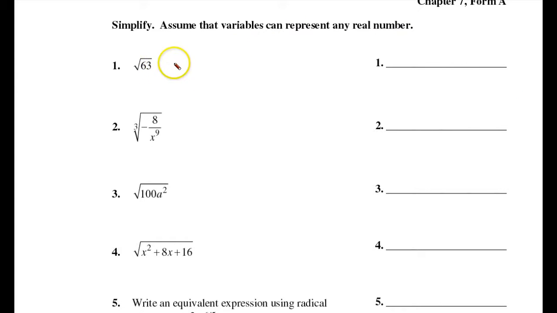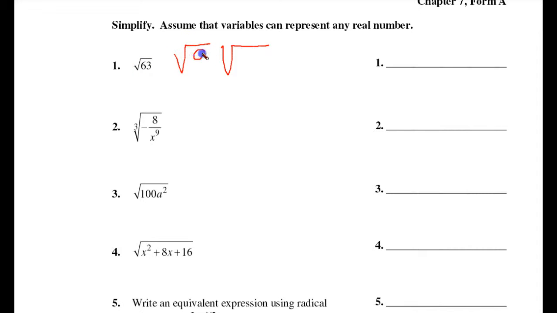Now, we're using techniques that we had in class, and basically, when we go to simplify, we're trying to think of factors of 63. Are there any perfect square factors? And the answer is yes.